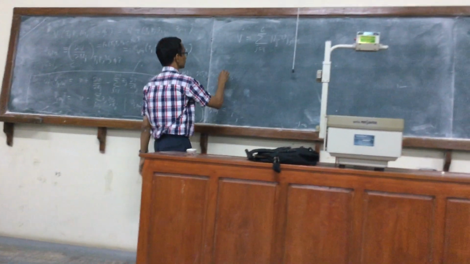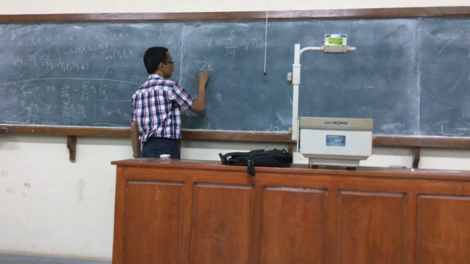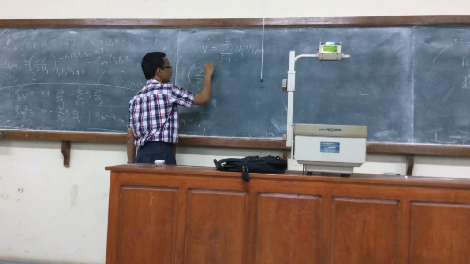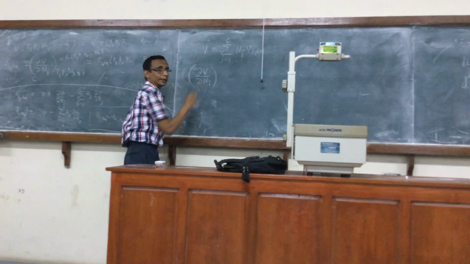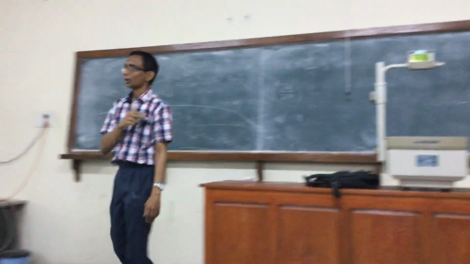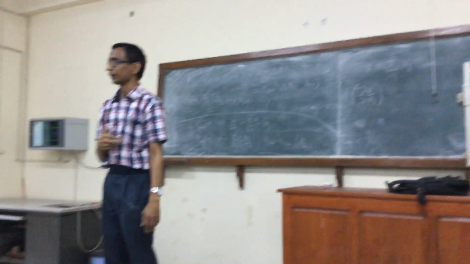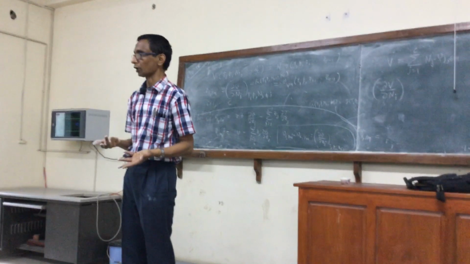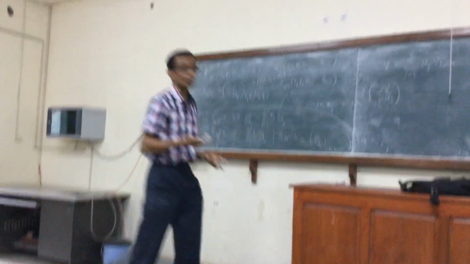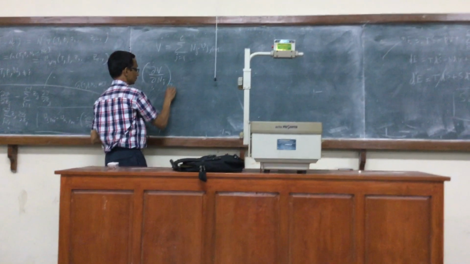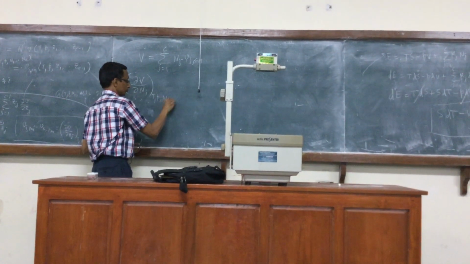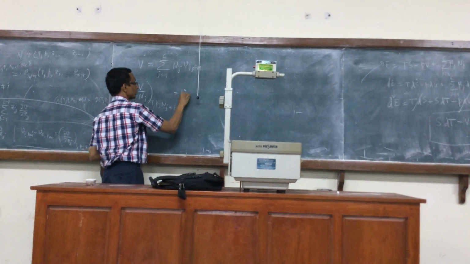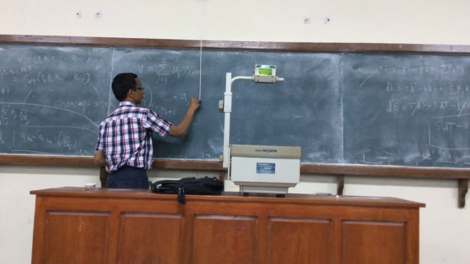So dV by dNi. I am now picking a particular Ni. I am going to differentiate the left hand side as well as the right hand side. The left hand side will give me the partial molar property of the ith component, right? So dV by dNi, this is after all equal to Vi partial molar.